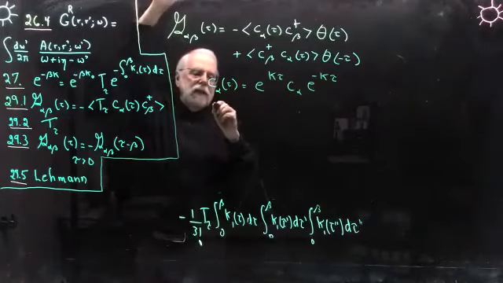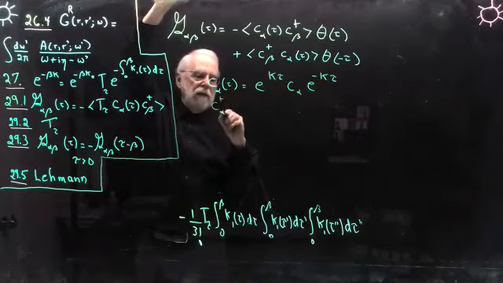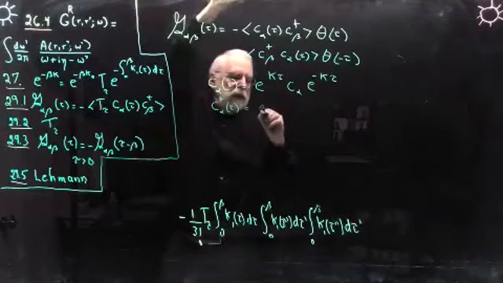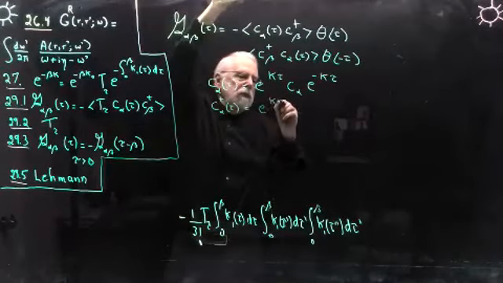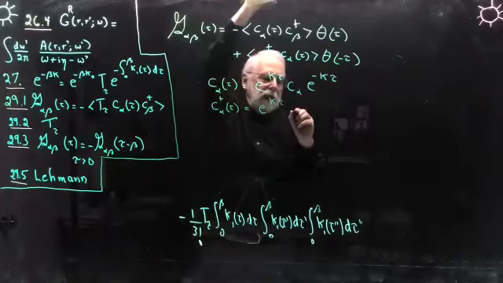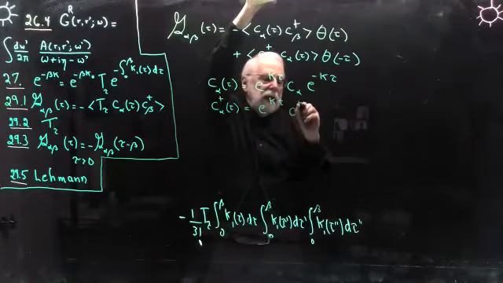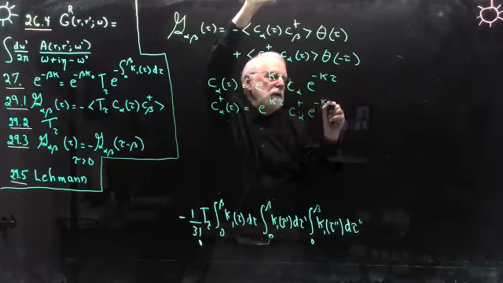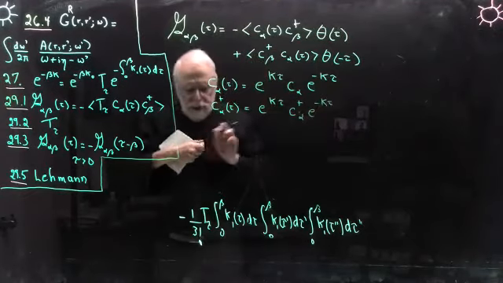And what is C dagger alpha of tau? It's equal to e to the k tau times the C dagger alpha e to the minus k tau. Now, why is this a really bad notation?